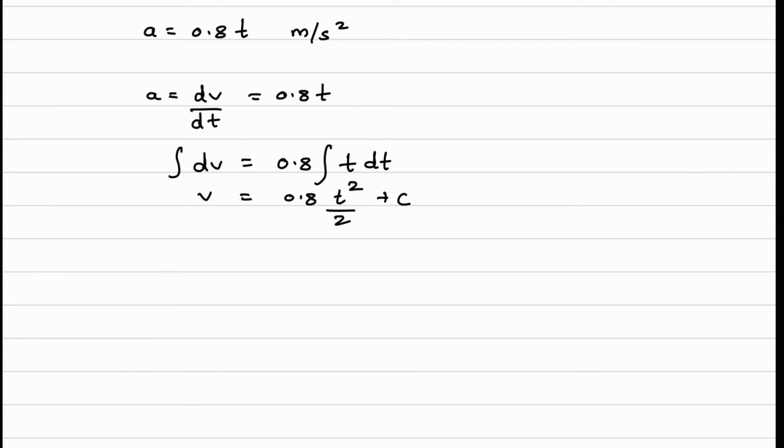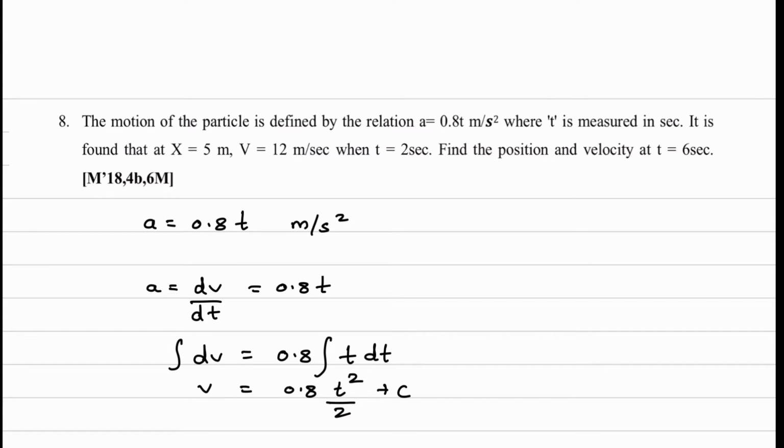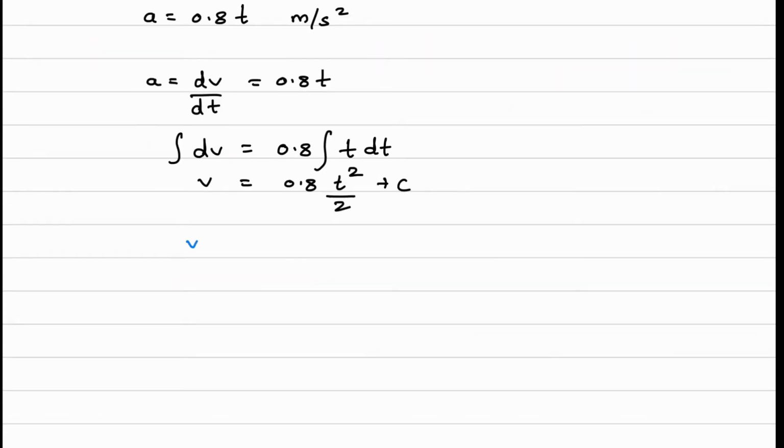Now what is the first condition given here? When time is 2 seconds, velocity is 12 meter per second. So we'll write that condition. So velocity is 12 meter per second, time is 2 seconds.